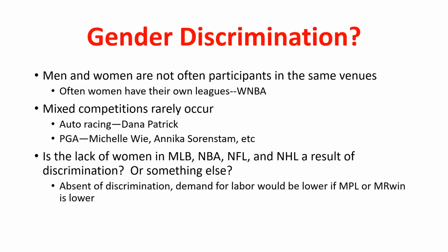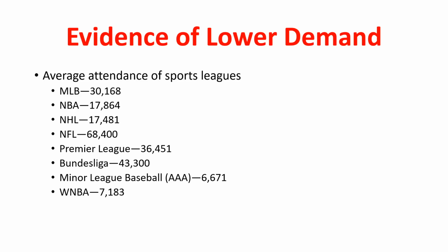So if we're comparing across leagues like NBA, WNBA, why would we expect lower wages in the WNBA? Maybe I'll justify it before I show you the graph, so it doesn't sound like I'm the one who's gender discriminating. If we look at average attendance, and we talked a little last class, attendance isn't everything, right? Ticket prices matter as well. But if we just look at the attendance numbers between the NBA and WNBA, it's more than a twofold increase.